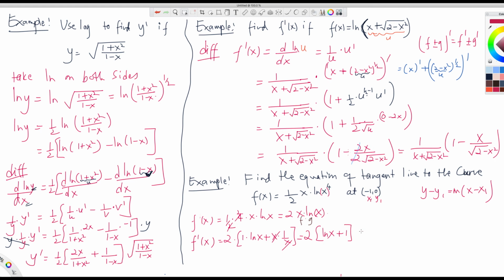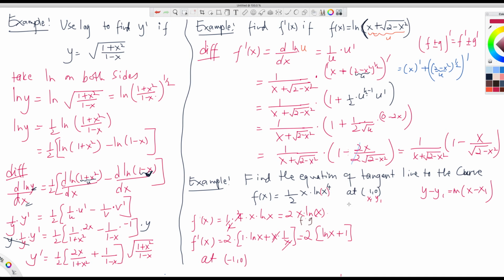But you need to find it at negative 1 comma 0. Oh, by the way, this cannot be negative 1 because you cannot plug in that. So let us make it positive 1 comma 0, not negative 1.